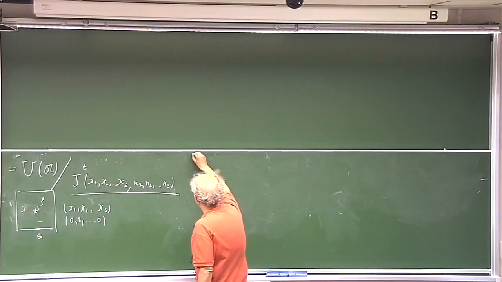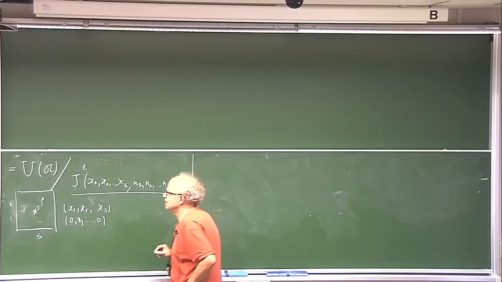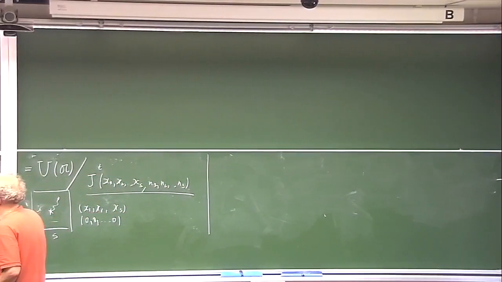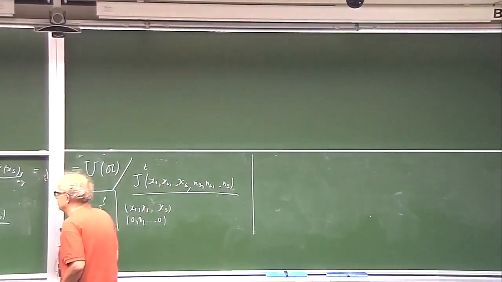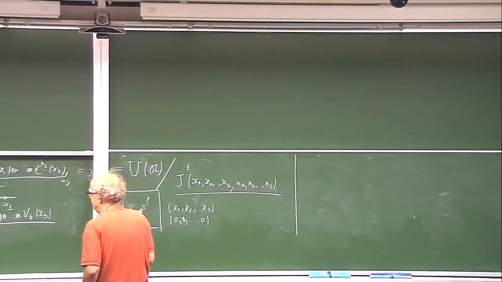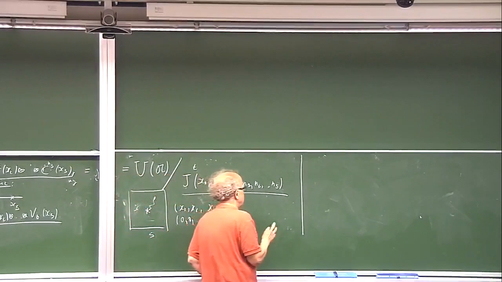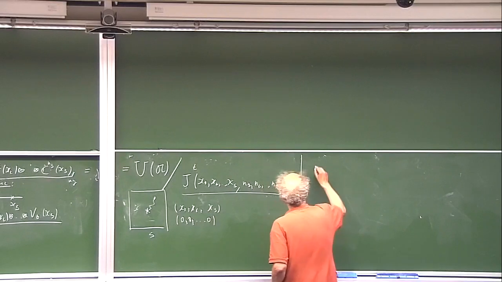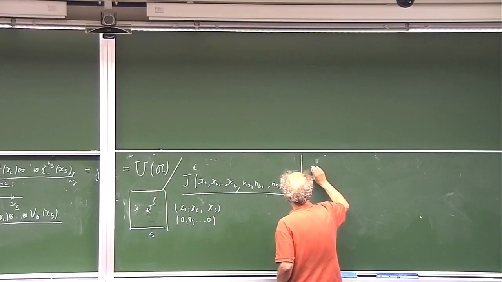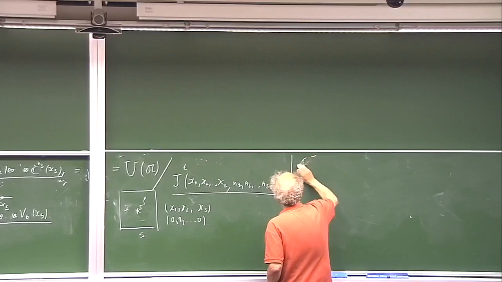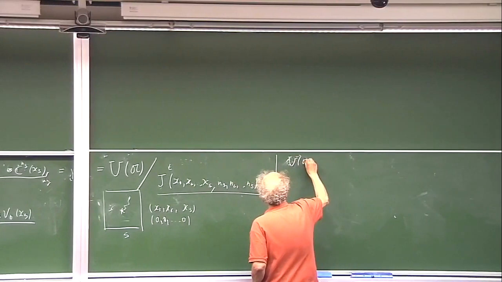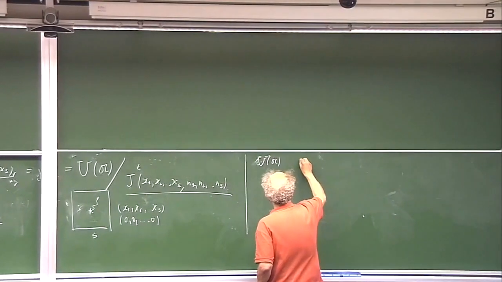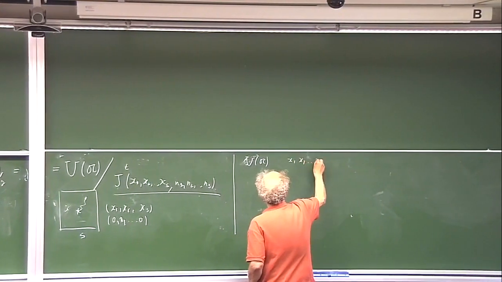Let me say a slightly different way to define the representation. It is a very similar construction, but slightly different. So again I have a representation of my universal algebra of A depending on parameters x1, x2, and so on, xs.